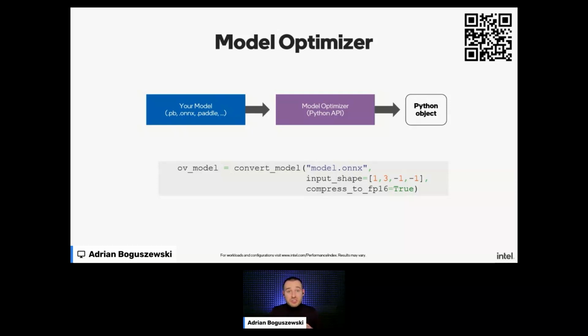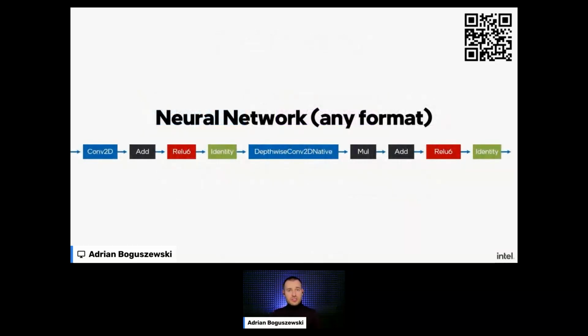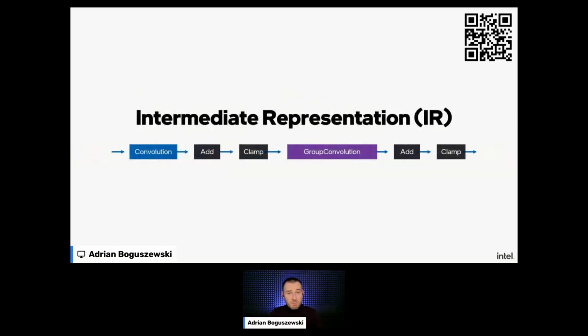So in that case, there are no files on disk, there is only Python object in your code and in your memory. And as I mentioned, the product of Model Optimizer is intermediate representation. So from this to this, much simpler, much faster to run the inference.